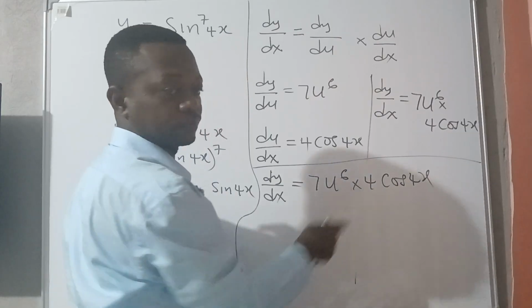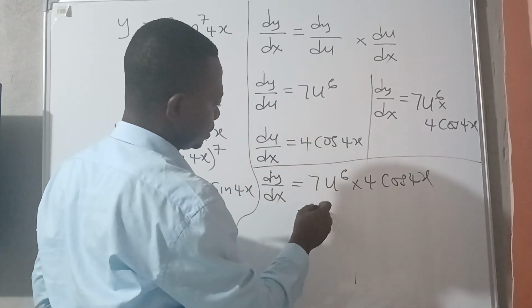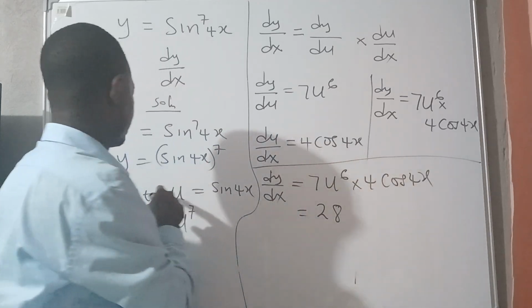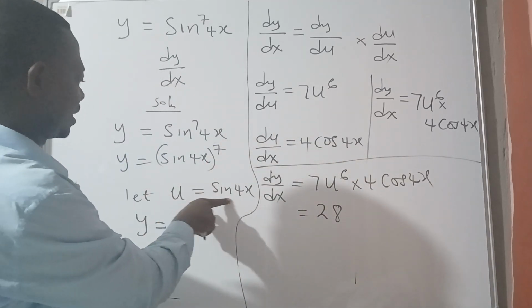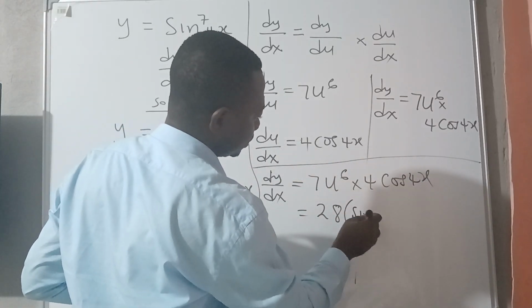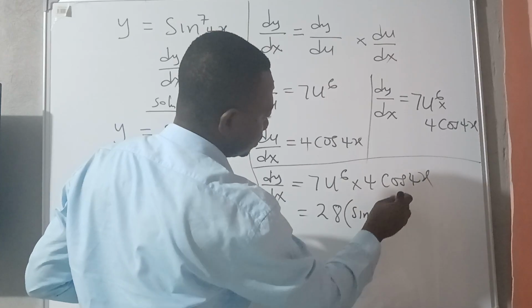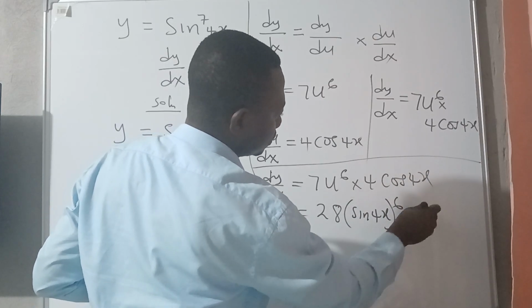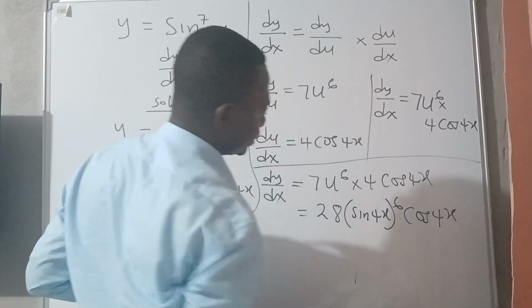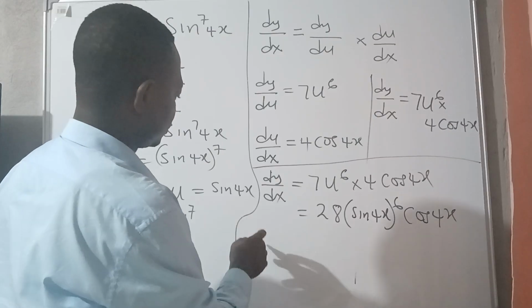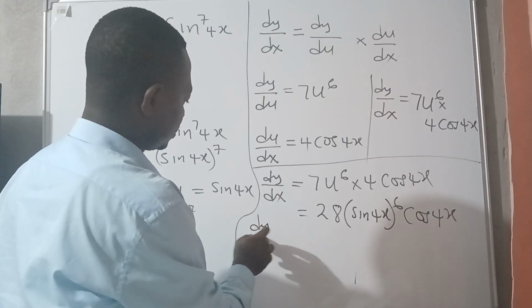So we have 7u to the power of 6 times 4 cos 4x. 7 times 4 is 28. And remember u is sine 4x, so we have sine 4x to the power of 6, and this follows with cos 4x. So my final answer here will be dy/dx.